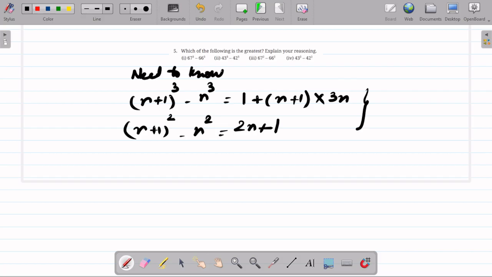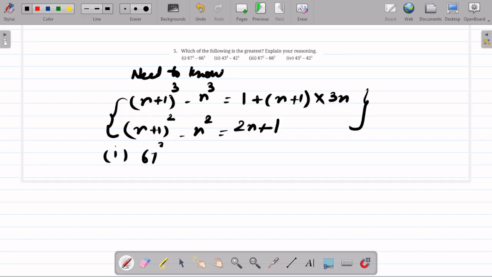These are the two rules that will be helpful for this. I will tell you the proofs of these two rules in the next short video. For now, we are using these formulas here for the first part.